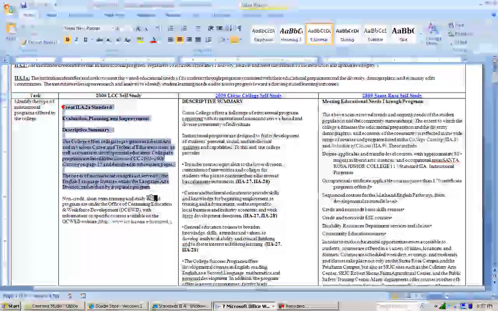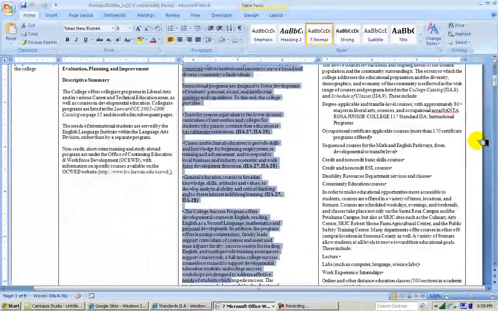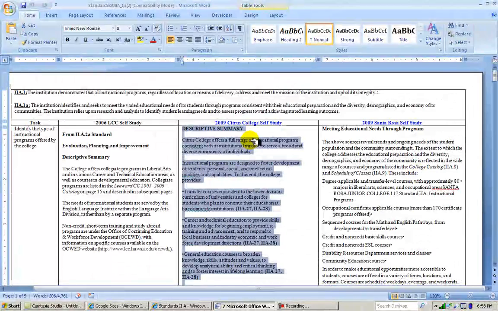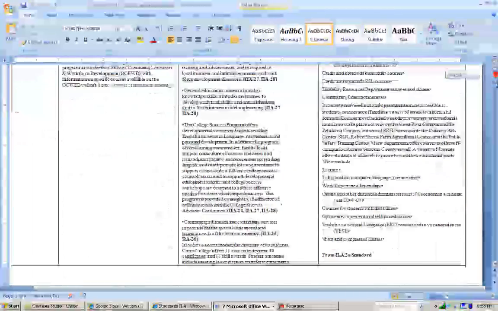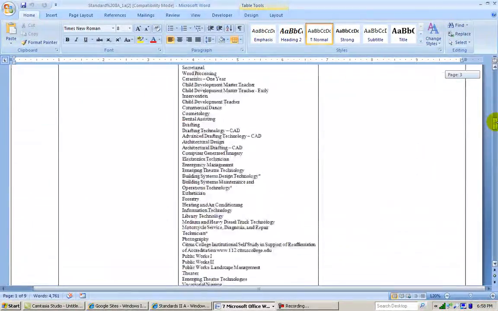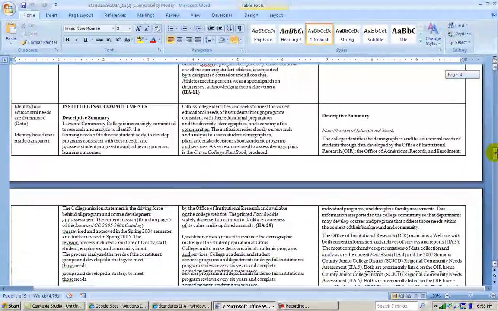Here's how Leeward answered theirs from the 2006 self-study. Here's how Citrus College answered it. And here's how Santa Rosa answered it. And you can click on these blue portions for the link directly to their self-evaluation study. And then you scroll down, you'll see that there's varying lengths of answers. It really depends on what the college and who was writing it up.